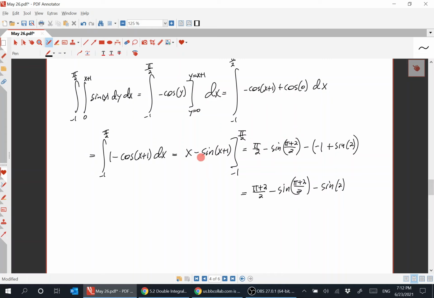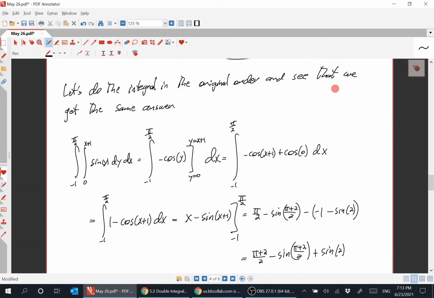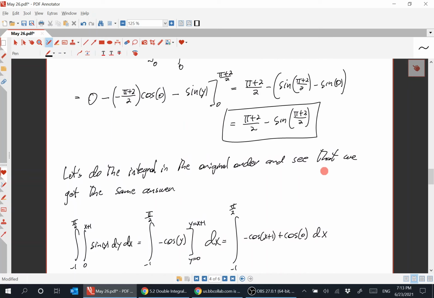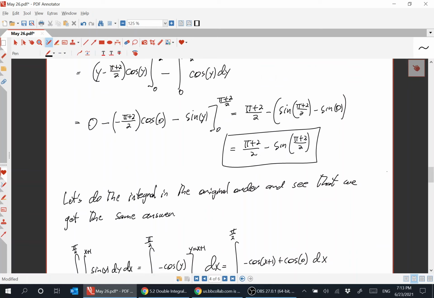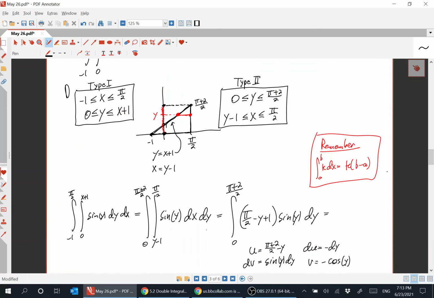Oh, this is supposed to be minus 1 minus. That's supposed to be a minus, so that becomes a plus. Well, that is different than what we got before, isn't it? So we've got this extra sine of 2. Let's see if we can track down that error.